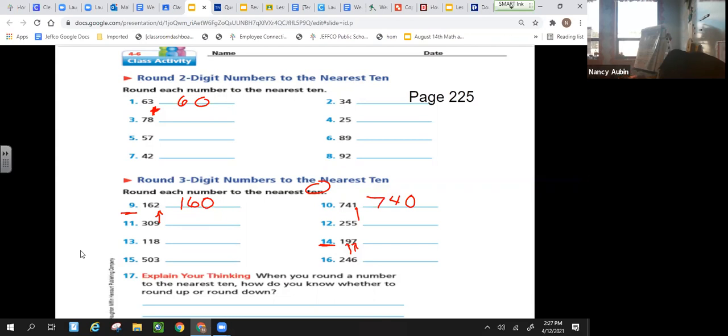So 9 is going to go to either 0 or 10. Okay, so you round it to the nearest 100. All of these are wrong.